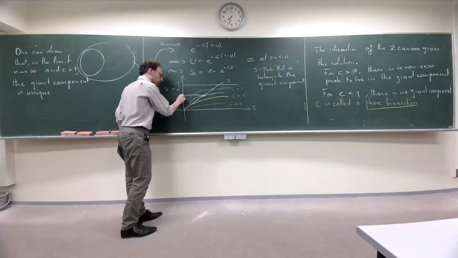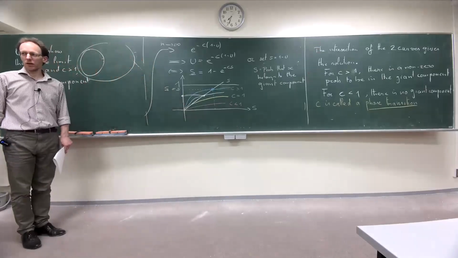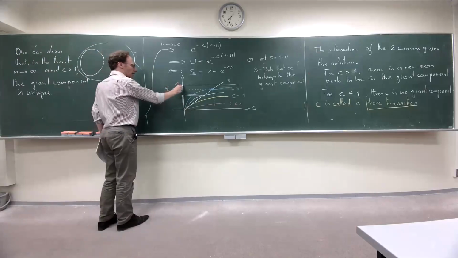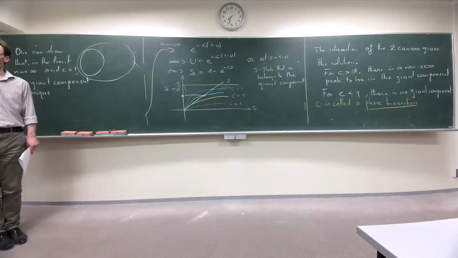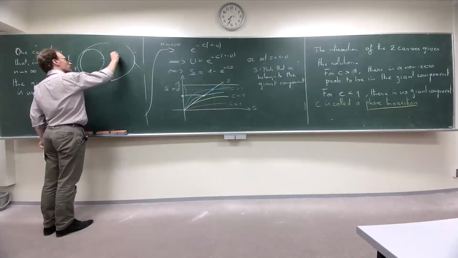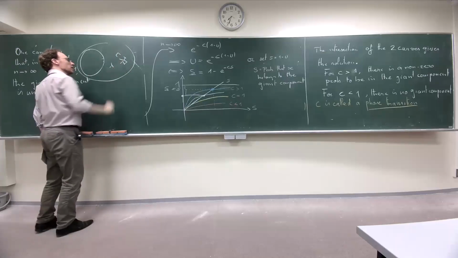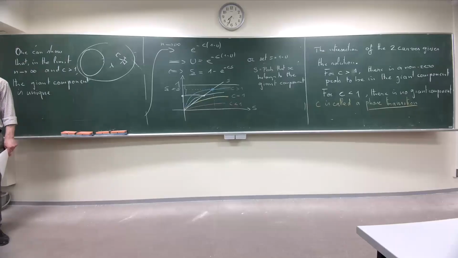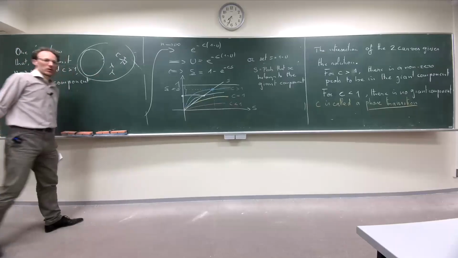You have the probability here to be in the giant component, but it means you have also a probability not to be in the giant component. So what happens here? Here you have plenty of small connected graphs.